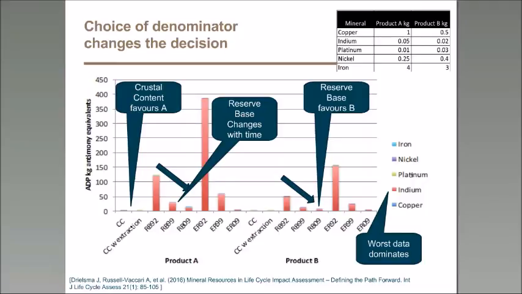On the far left here for product A, you see crustal content and crustal content with extraction, which are just two different ways to do the calculation utilizing that data. Then we see the reserve base: the reserve base in 1992, in 1999, and in 2009. And then further, you see the reserve data, so the economic reserves in LCIA terms and the mineral reserves in the mining industry language.